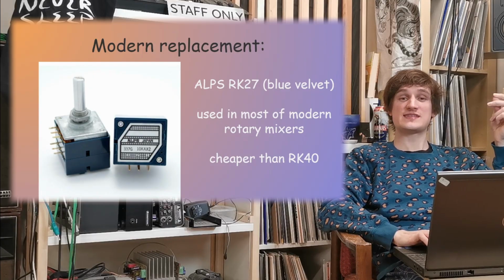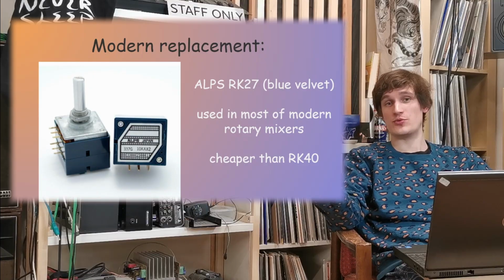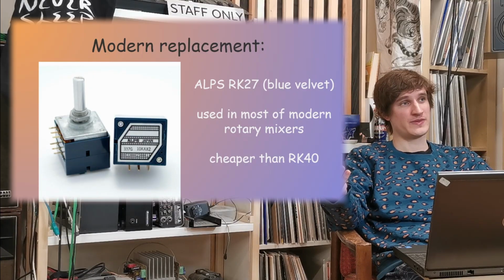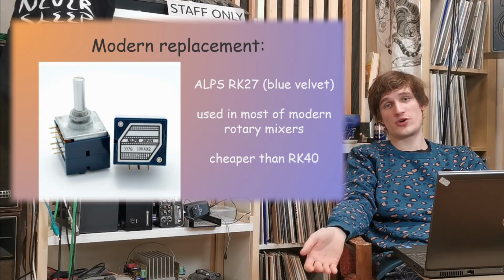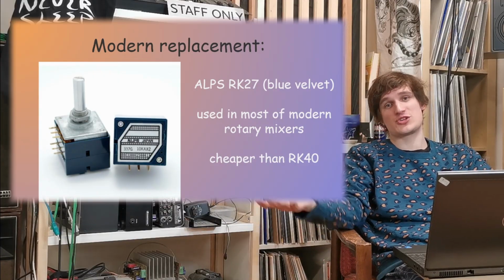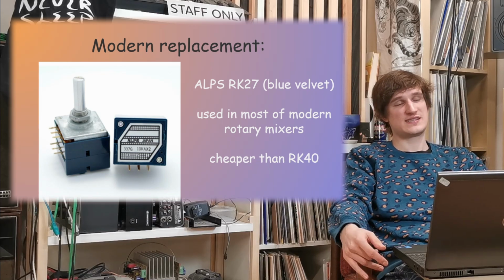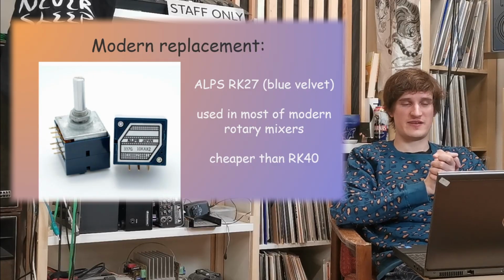And this is the part where I couldn't find it in any book. I couldn't ask ChatGPT if it's true. There was just an opinion going around on the web. So what I did, I just measured both potentiometers. I had the opportunity to service an Array 1620. I measured the curve of the Alps RK40.